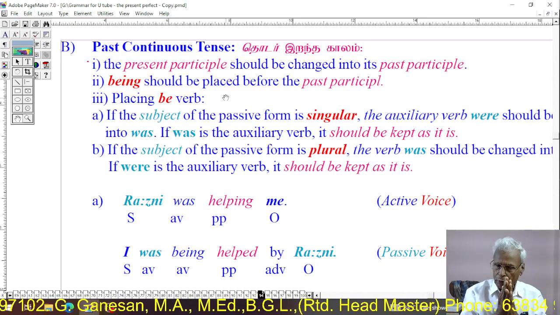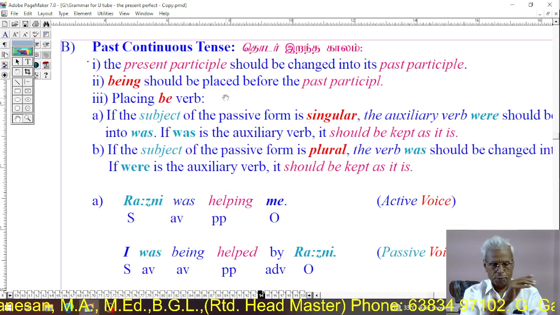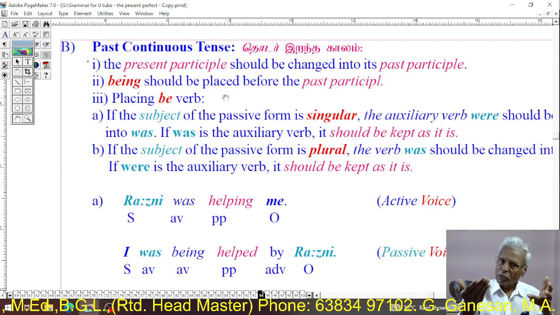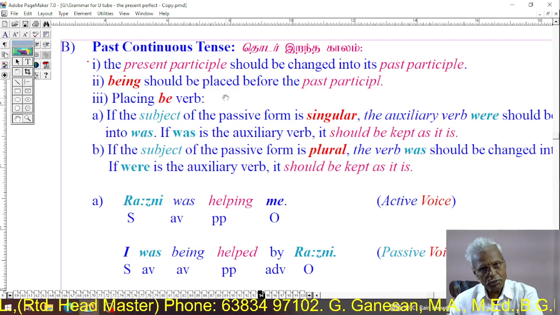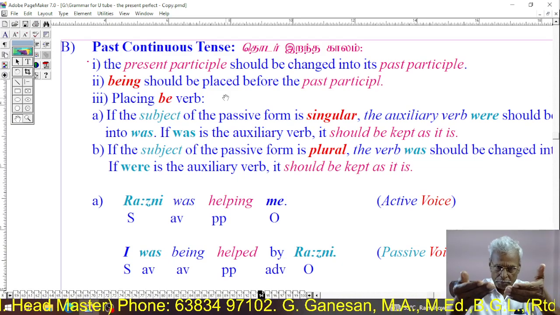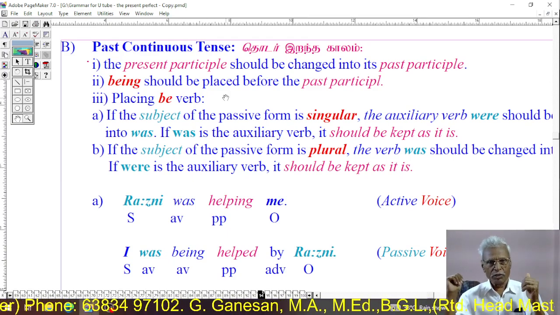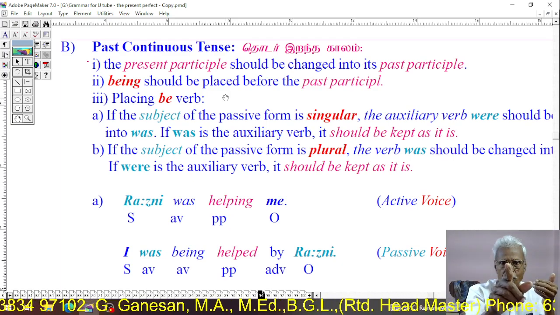In the passive voice, interchange the subjects and objects, then change the present participle into the past participle, then place being before the past participle, as in the case of present continuous tense. Then before being we have to place either was or were.